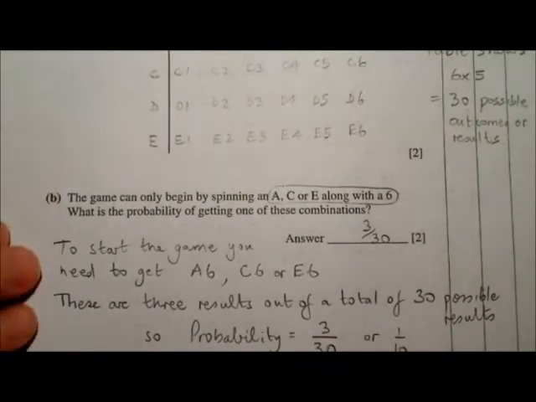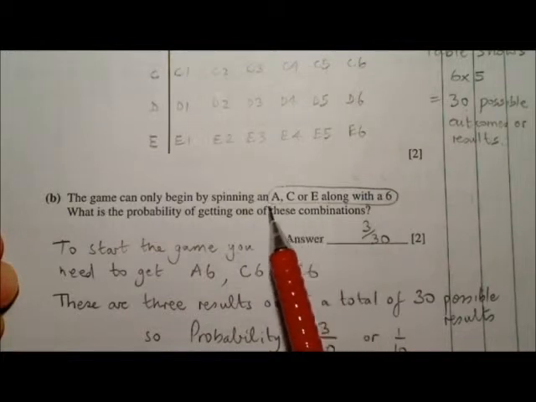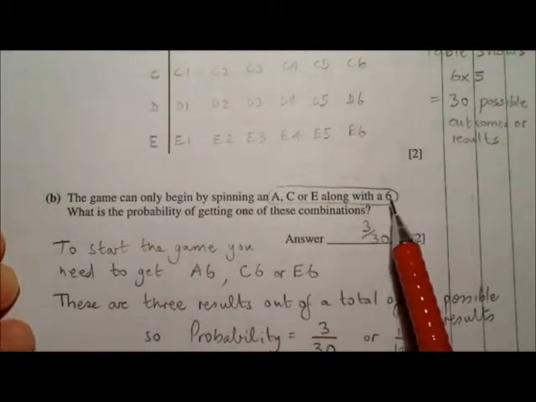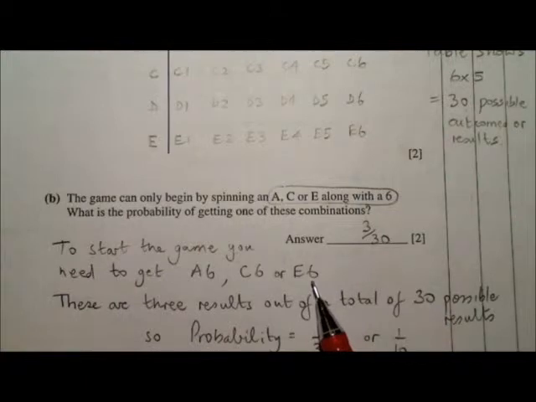The second part of the question then asks, the game can only begin by spinning an A, C or E along with the 6. So in other words, you must get an A6, a C6 or an E6 to get the game started. So they're saying, what's the probability of getting one of these combinations, either A6, C6 or E6?